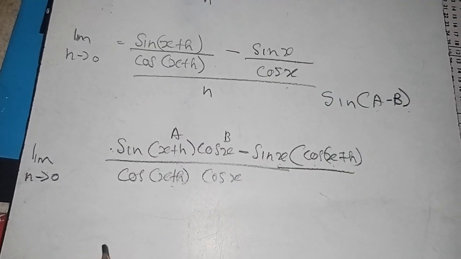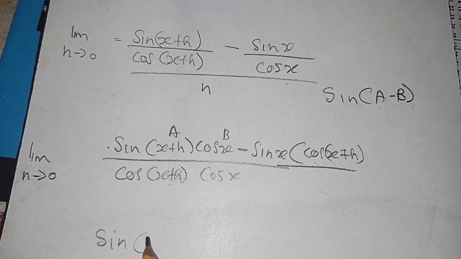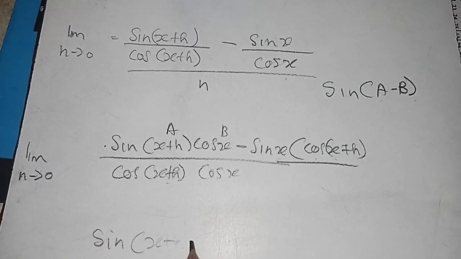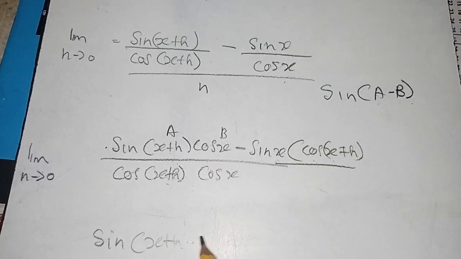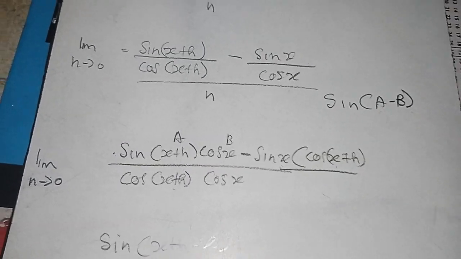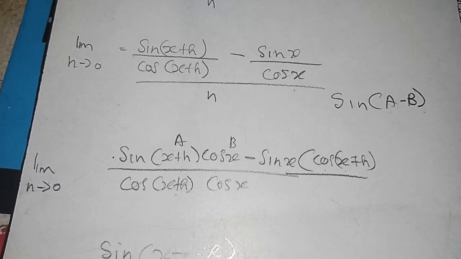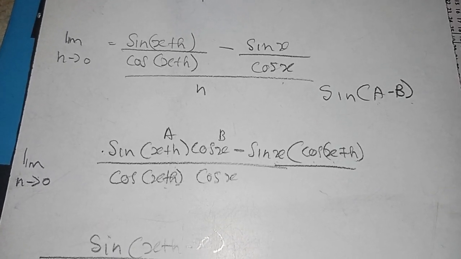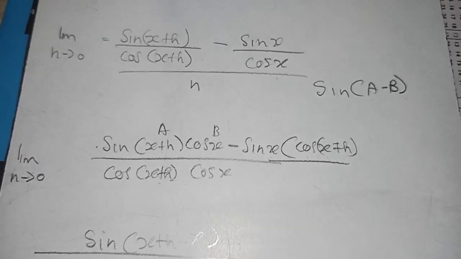Here is how it's going to be: sine of (x plus h) minus b, which is x, over cos(x plus h) cos x.